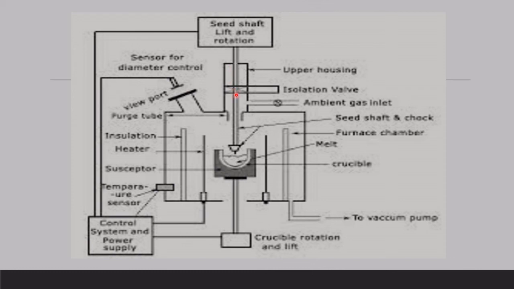When we pull up the pull rod, the melt will solidify on the seed crystal. Care must be taken. Very accurate control is necessary so that instead of growing the crystal, you do not melt down the seed crystal itself. If the seed crystal is melted, then nothing will happen. So the pull rate must be very carefully handled so that I get a single crystal.